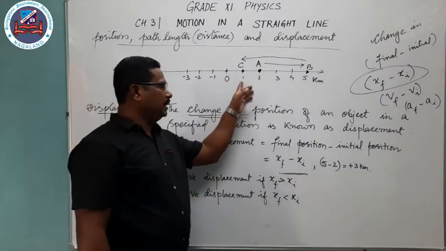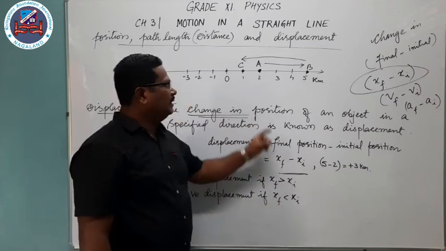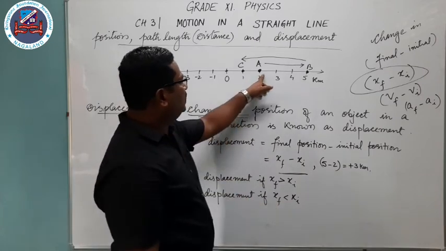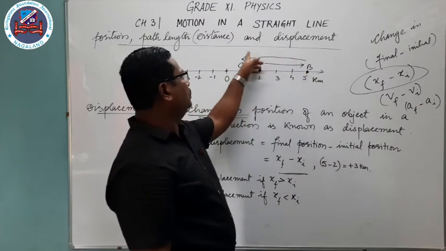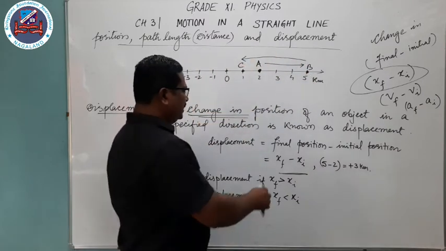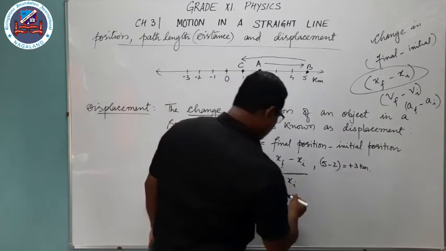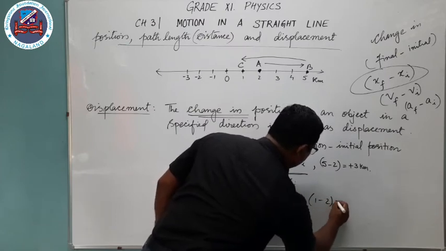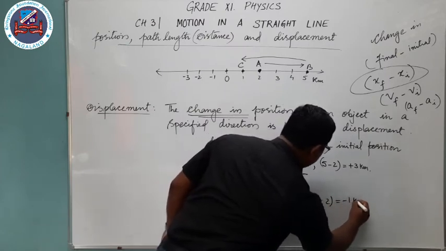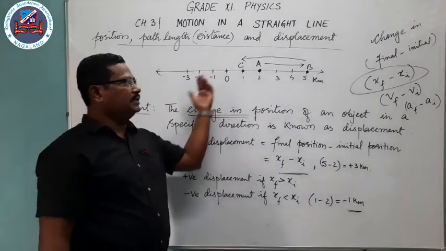Your final position becomes 1 and initial position is still 2. You started from A, went to B and then came back to C. So in that case, final position is 1 and initial position is 2. So it will give us minus 1 km. So like that you can get negative displacement.